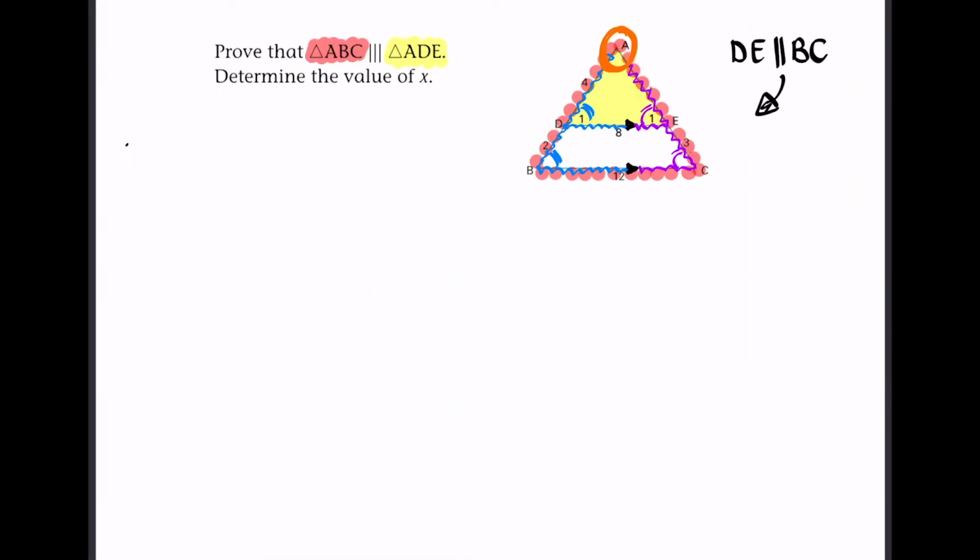I'm going to start by saying in triangle ABC and triangle ADE, when we're working with similarity, we need three angles that are the same. Now, that brings me to my next point.